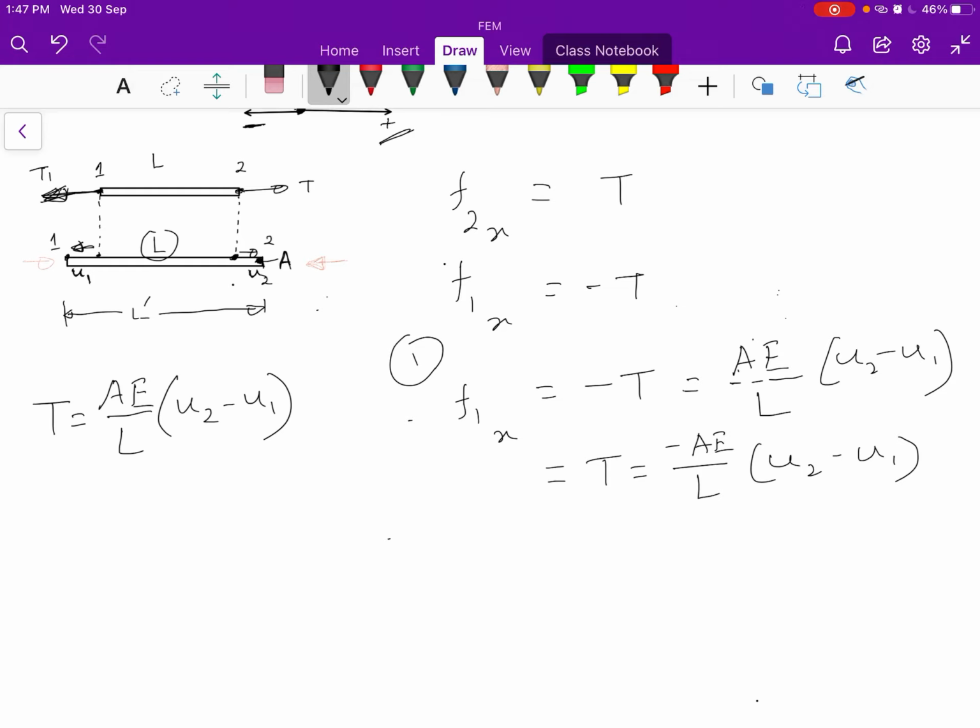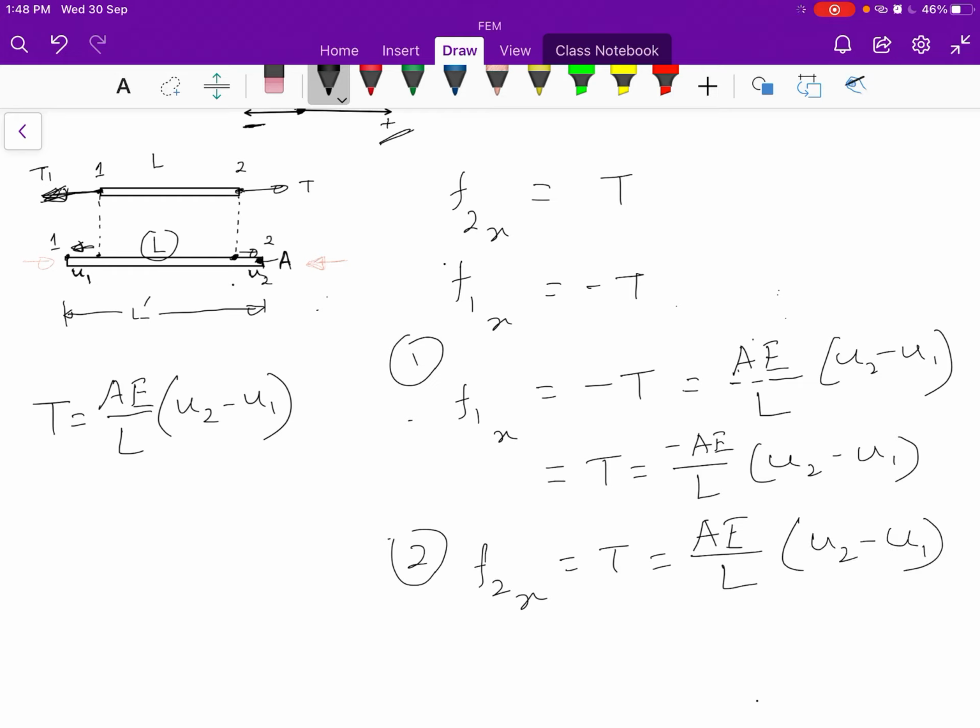Similarly, when we consider node 2, then it would be F2x equal to T equal to A E divided by L multiplied by U2 minus U1.